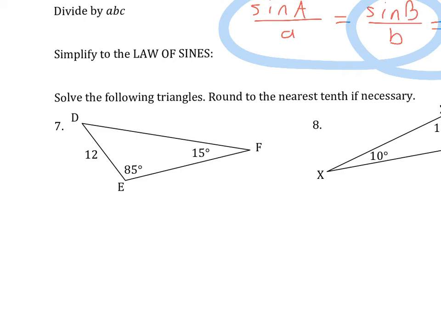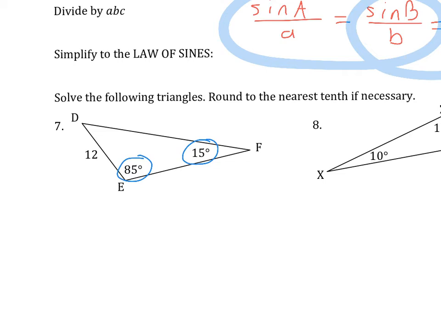On number 7, they give you 2 of the angles. So anytime they give you 2 of the angles, it's really easy to find the third because you know that all 3 angles have to add up to 180. So 85 plus 15 is 100.